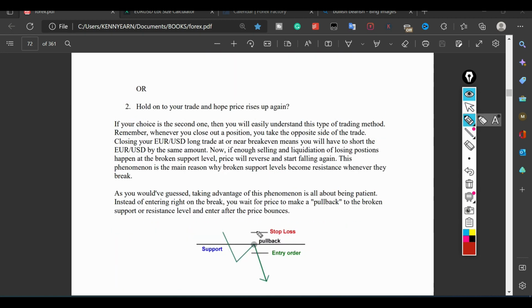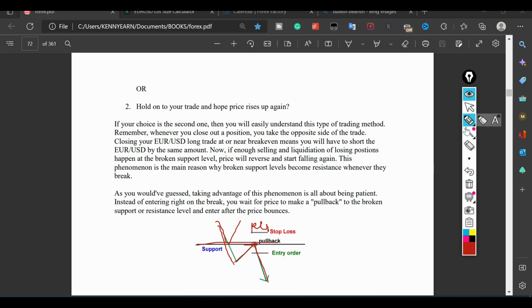So this is what I want to explain. Let's say we have a support here now. The market is coming down. The market bounces up from that support. If it breaks through it, it could go back to it and retest it as a resistance. So that's why we call them support and resistance. So a support level can later act as a resistance level. You got that? A support level can later act as a resistance level.